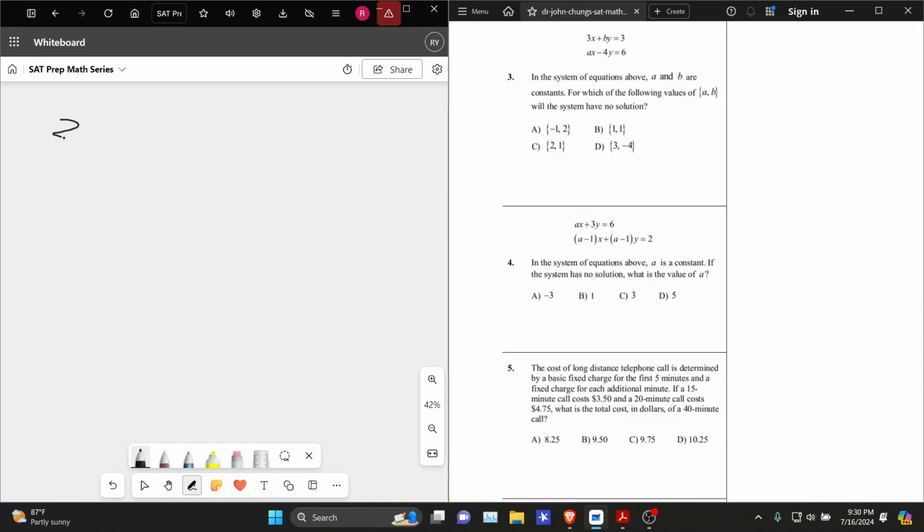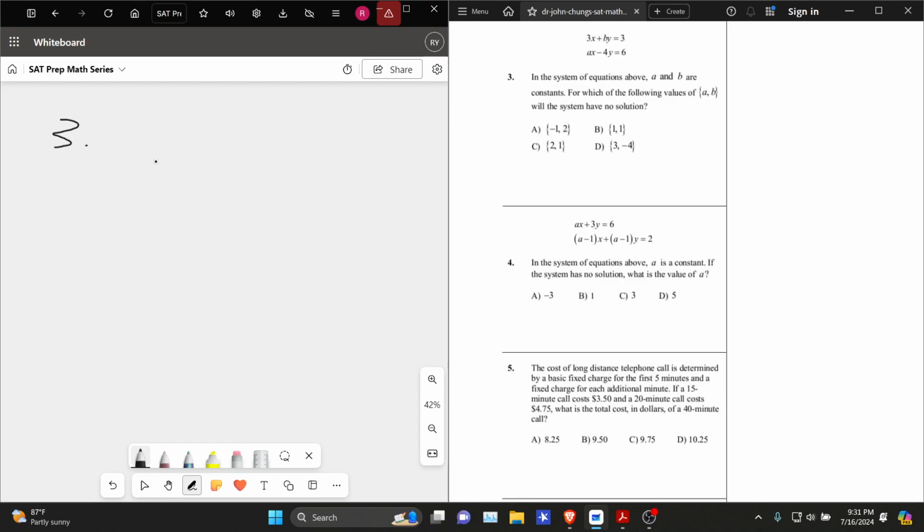Let's look at number 3. In the system of equations above, a and b are constants. For which of the following values of a and b will the system have no solution? This means 3 over 6 is equal to 3 over a, and 3 over 6 is also equal to b over negative 4.